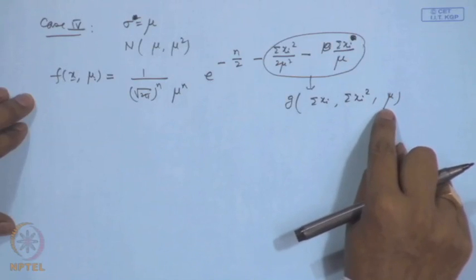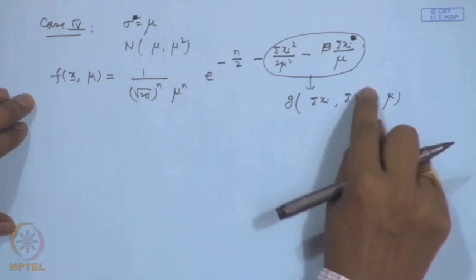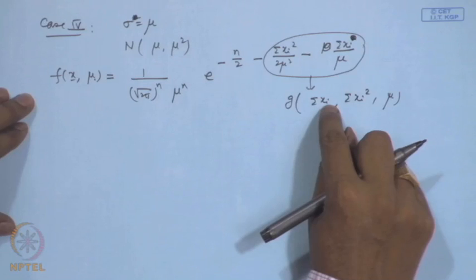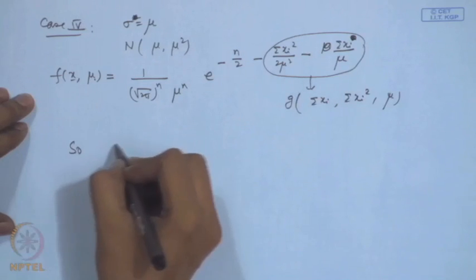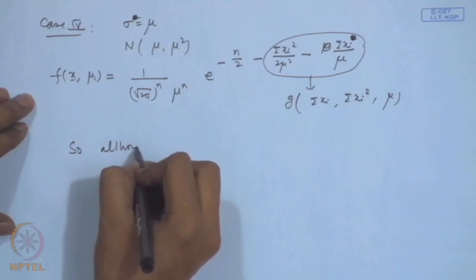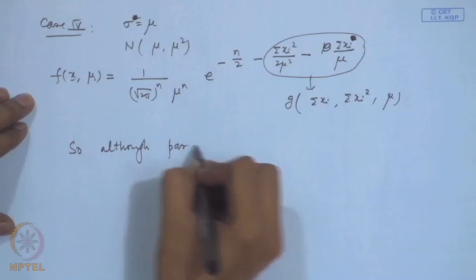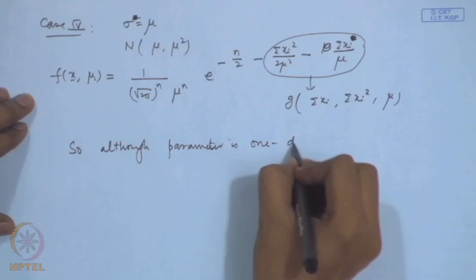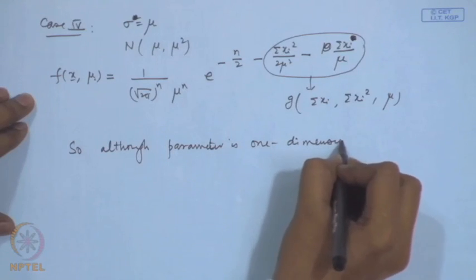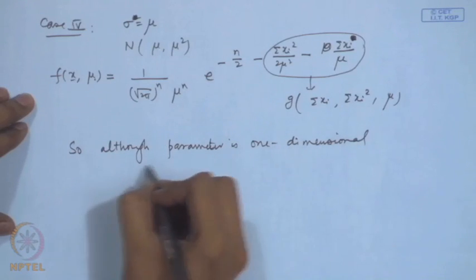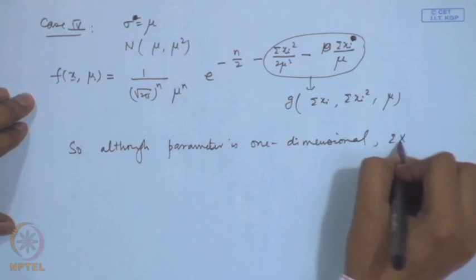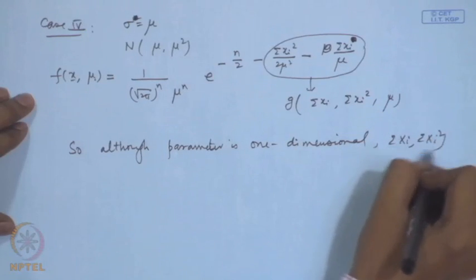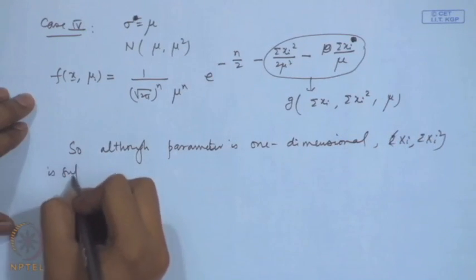Although the parameter is one dimensional, the sufficient statistic is two dimensional. So, although the parameter is one dimensional, sigma x I square is sufficient.